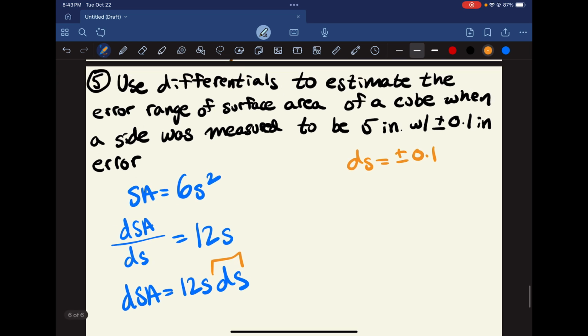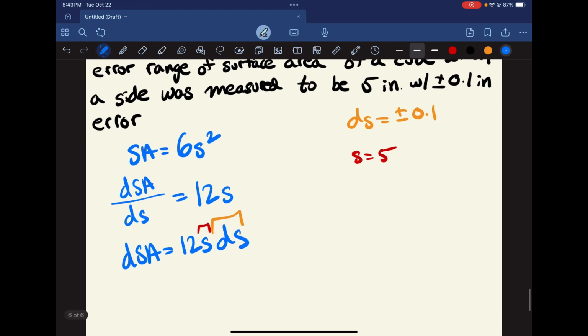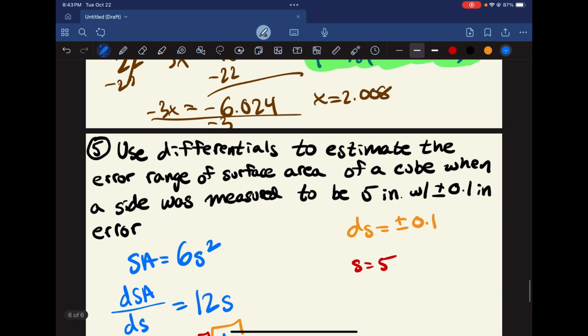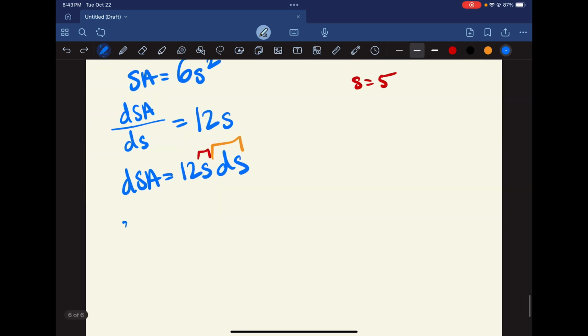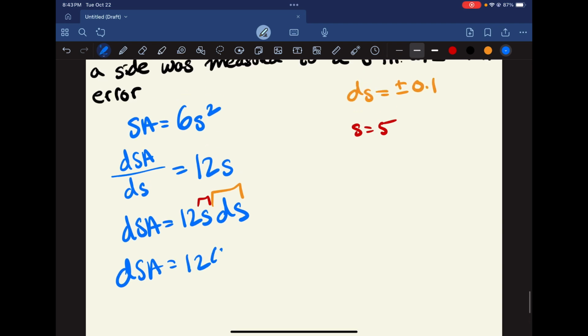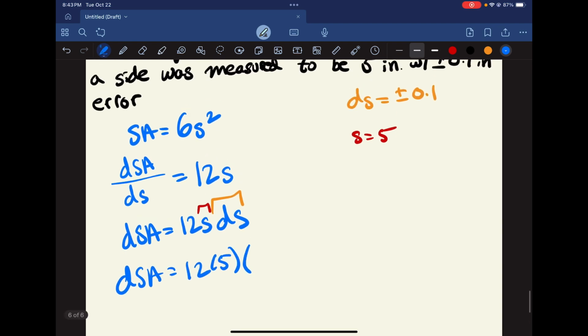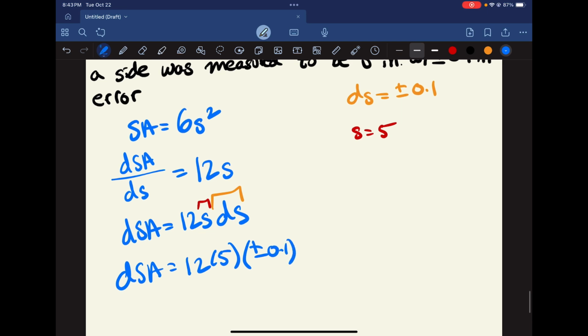And then our s is 5 inches. So s equals 5, ds equals plus or minus 0.1, and we're trying to figure out our dSA, because we're trying to find the range of the surface area. So dSA equals 12 times 5 times plus or minus 0.1.